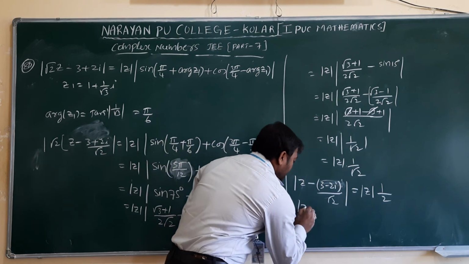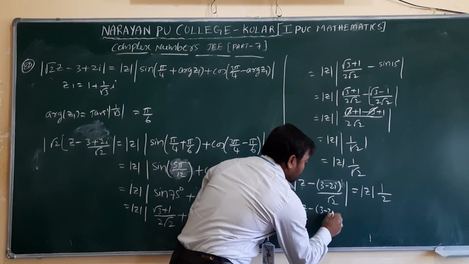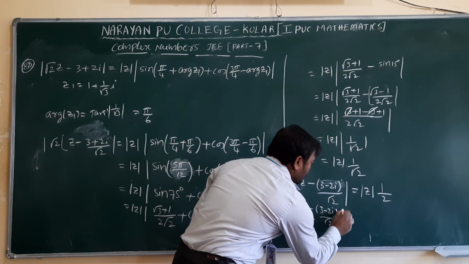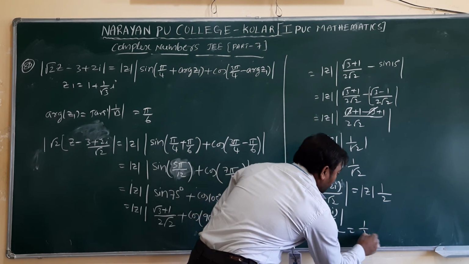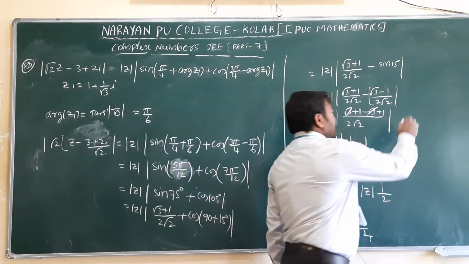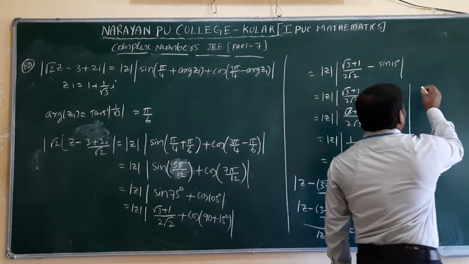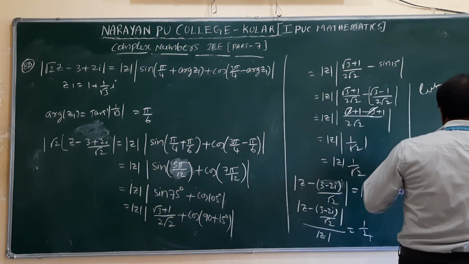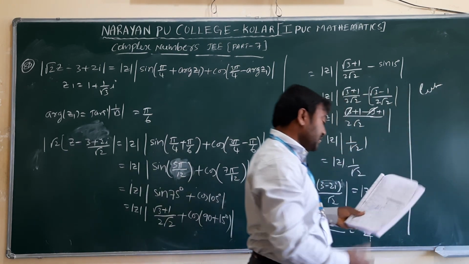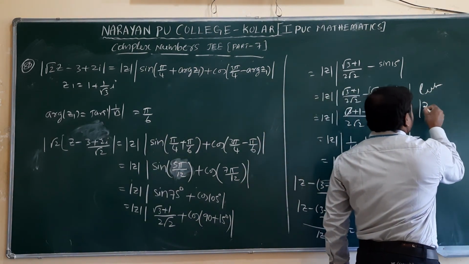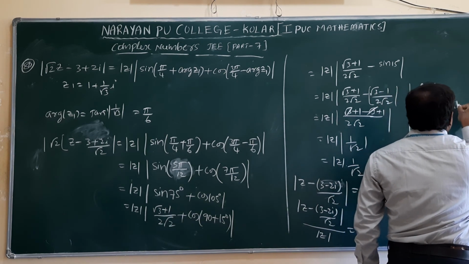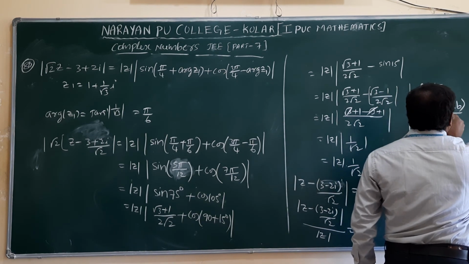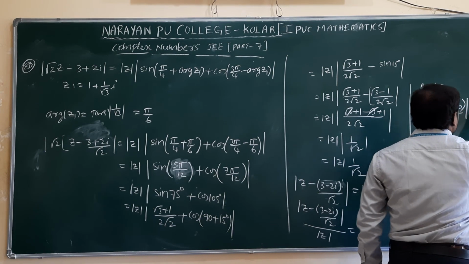It can be written as modulus of z minus 3 minus 2i by root 2, divided by mod z, is equal to 1 by 2. As we know, the condition is that modulus of z plus a plus ib by modulus of z is equal to some constant.